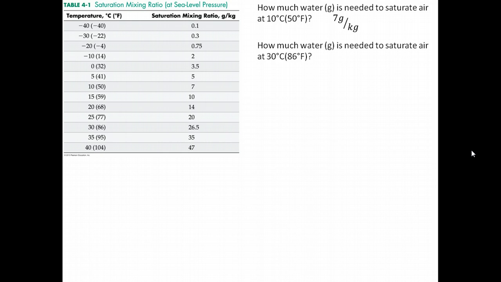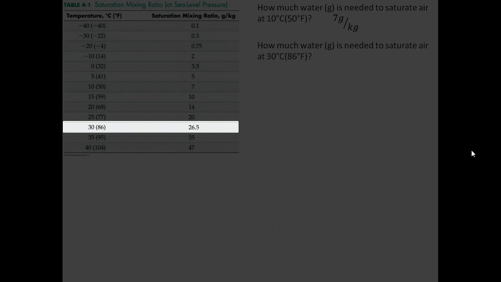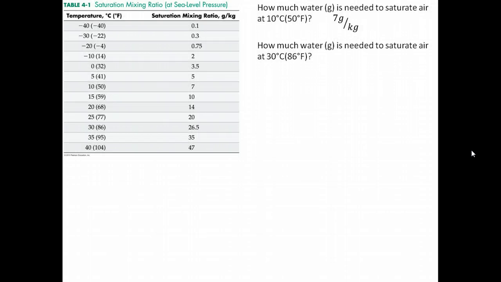If the air temperature increased to say 30 degrees Celsius or 86 degrees Fahrenheit, its capacity to hold water will also increase. So how much water would we need to saturate air at that temperature? Well, again, we look at the table on the left-hand column, we find 30 degrees Celsius or 86 degrees Fahrenheit, and then we look across to the right, and we see that at that temperature, air can hold at a maximum 26.5 grams per kilogram of water.